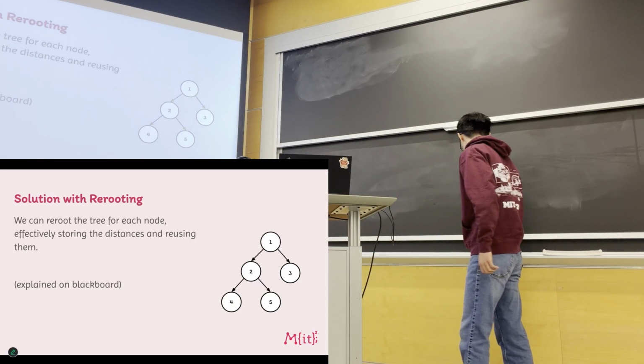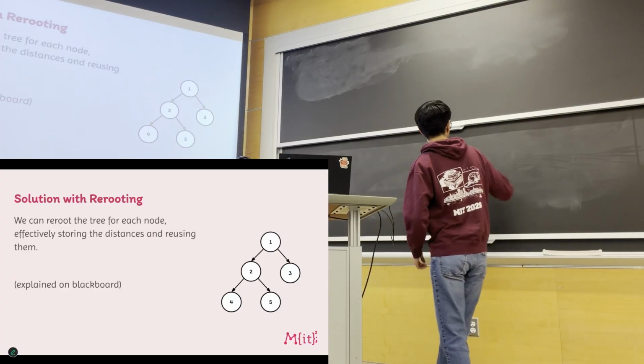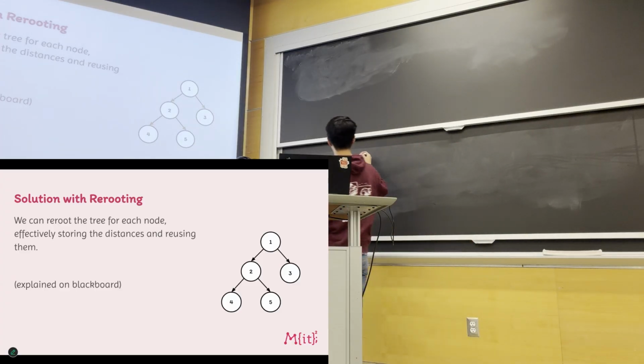So basically I'll draw this tree out first. So we have this tree, which is 1, 2, 3, 4, 5. And using our previous DFS, we can compute the distances for all of them.